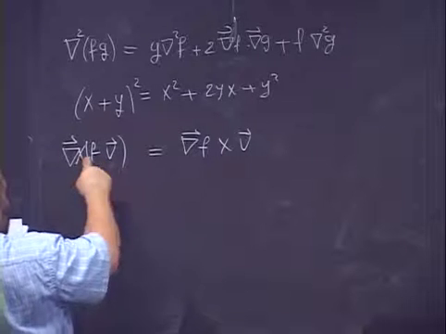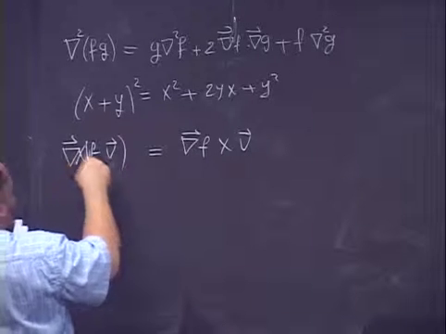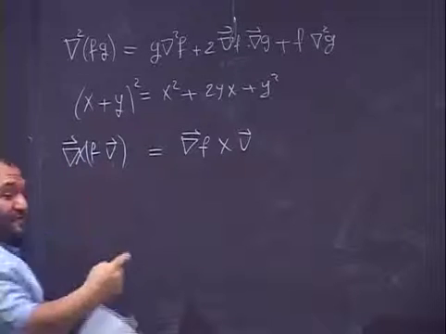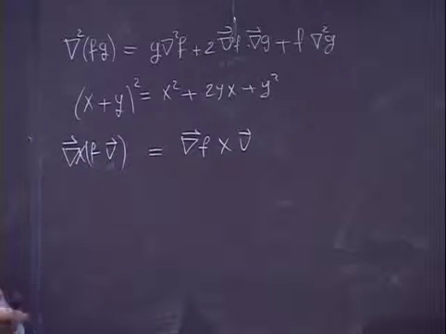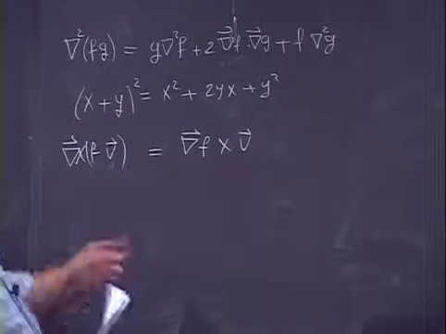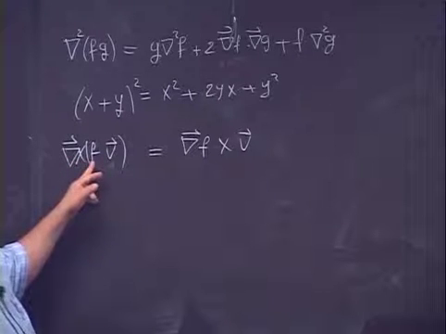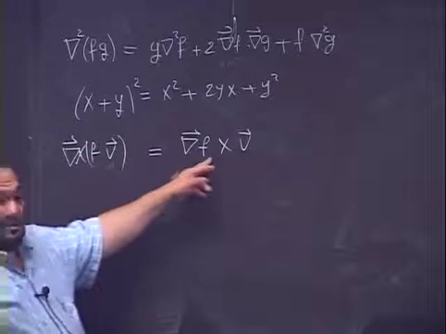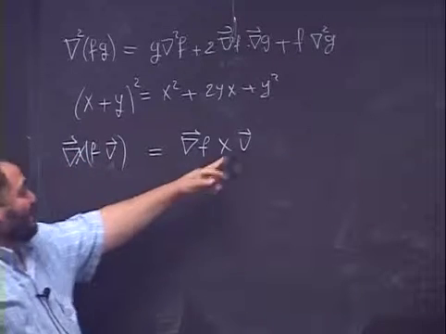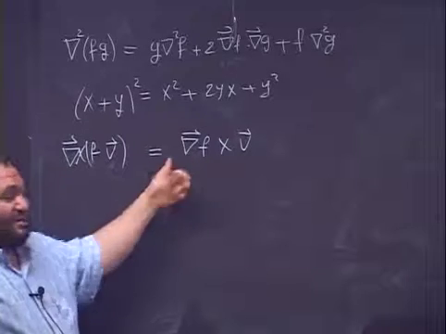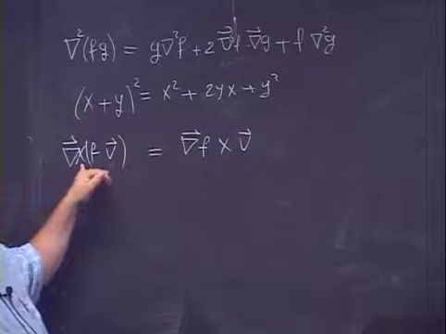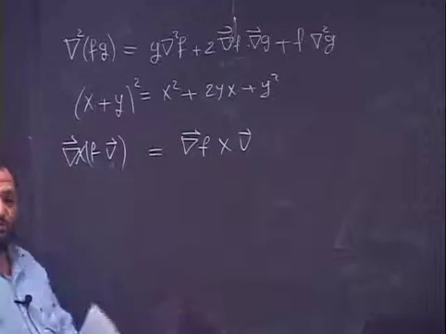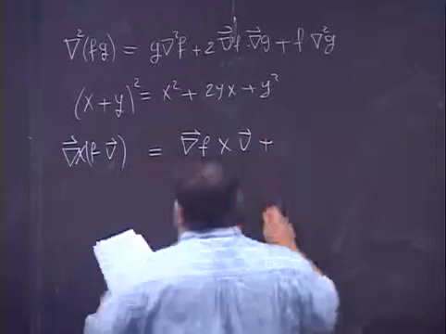The differentiation of the first: this is a scalar function, so you cannot say curl of f, because f is a scalar. There is no curl of a scalar function. So the only way to do the differentiation of a scalar function is to say gradient of f, and this is what we did. Multiplied by the second, but this is a vector, and I have to keep the same cross multiplication. So this will be crossed with v.